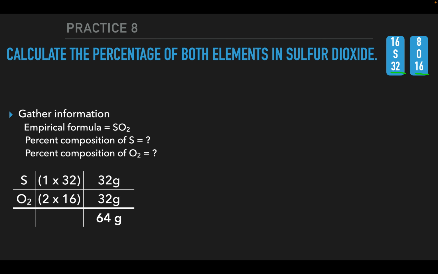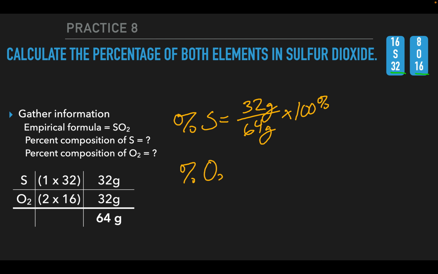So they're probably going to have the same percentage, but let's show it. Percent of sulfur is 32 grams over 64 grams times 100%. Percent of oxygen is also 32 grams over 64 grams times 100%.